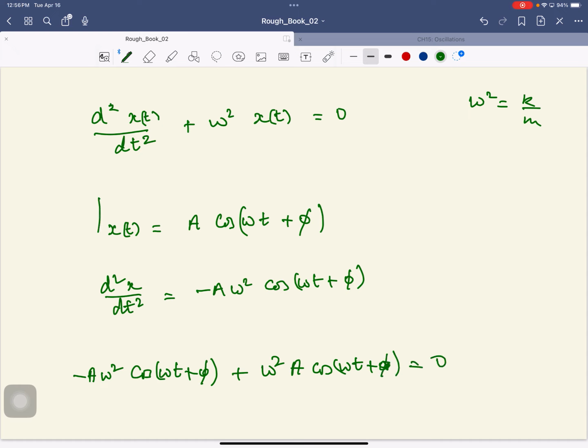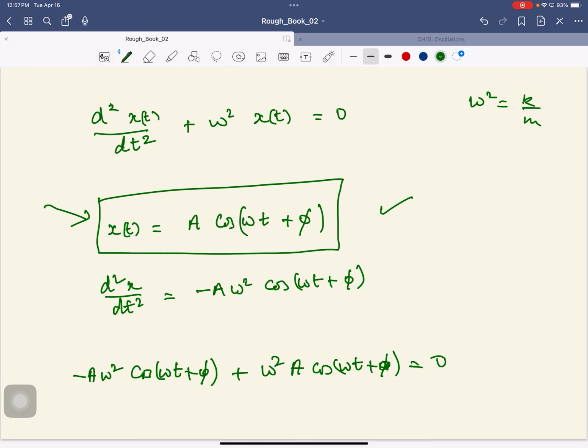So this is indeed a solution. Now you've solved the problem. You know where that mass is going to be at all times, and you know everything there is to know about the problem now.